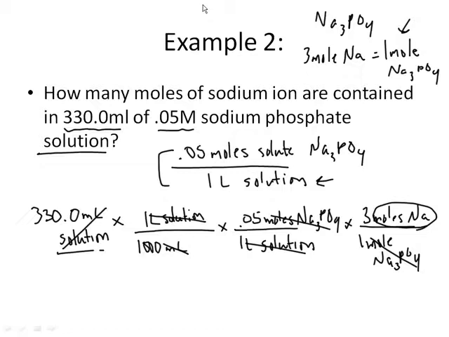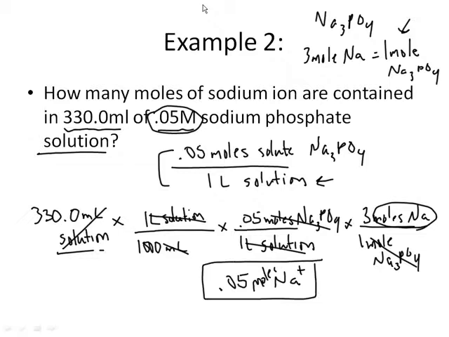But I only have 1 sig fig. It was in my molarity. So I should only have 1 sig fig in my answer, and that actually comes out to be 0.05 molar sodium. Moles sodium, sorry. Ion. So there's my answer.